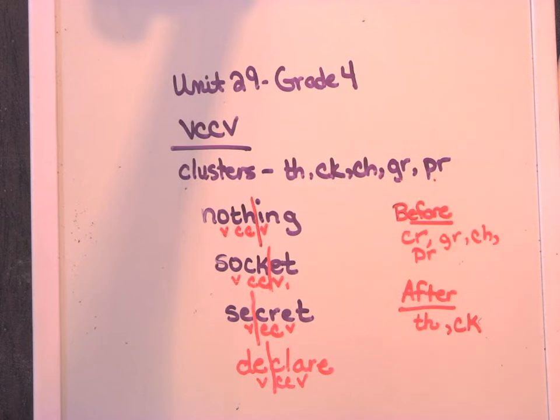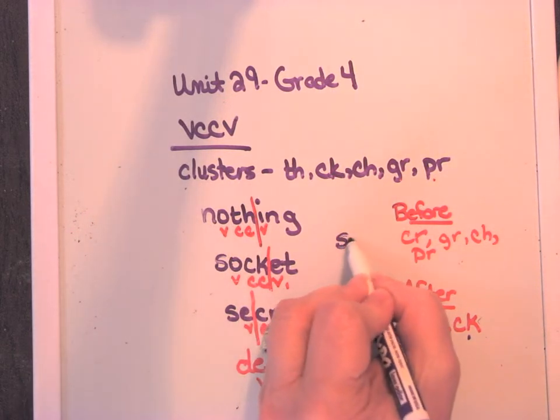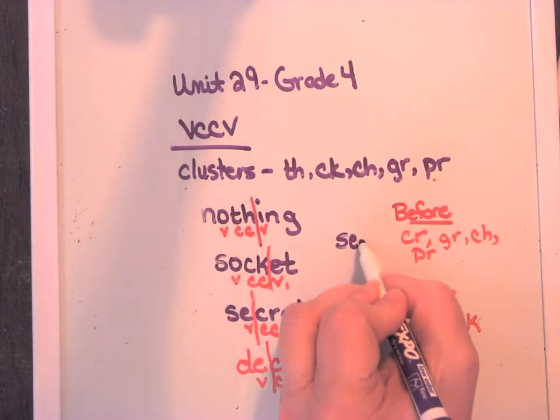Now, when you write your words this week on page 180, you do need to divide your words. Put them in the right categories and then divide them. So if I were writing secret, it has a vowel, consonant, consonant, vowel cluster, and it's not a TH or a CK, so it's going to go in the top section. As I write secret in the top section, I'm going to write the se-cret.